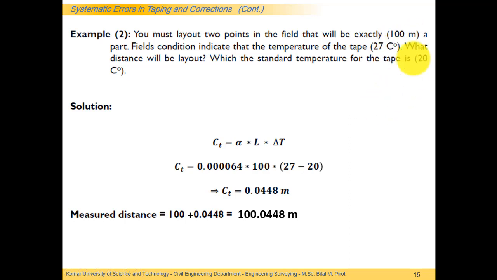When the length of the meter has been increased, you will read lesser distances, so you have to add this number to the 100. So 100 plus the error, and the true length will be 100.0448 meters.